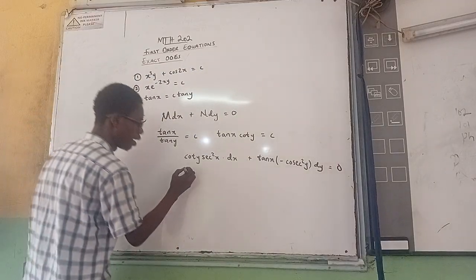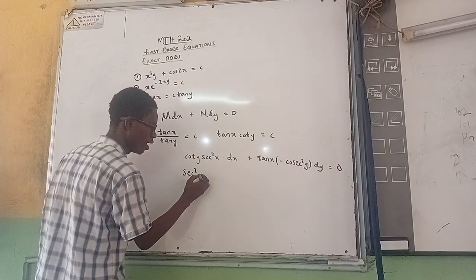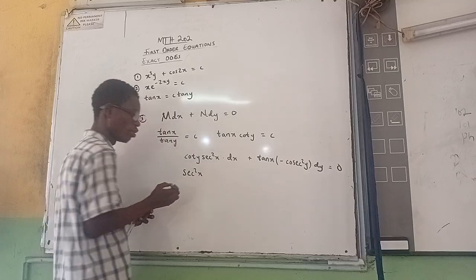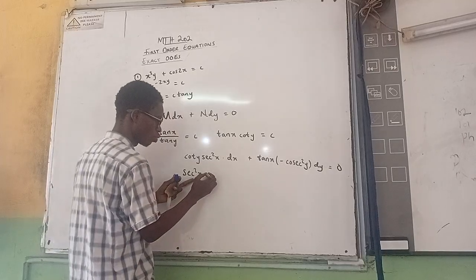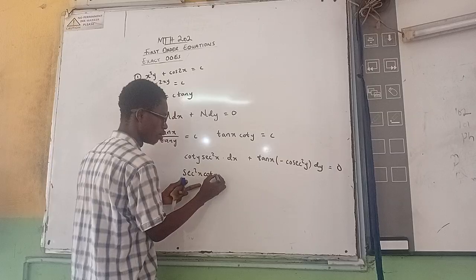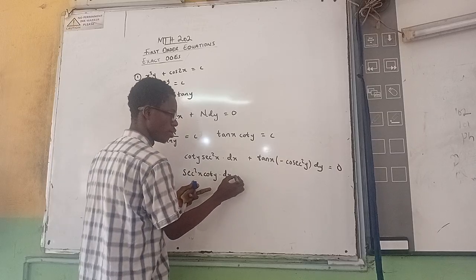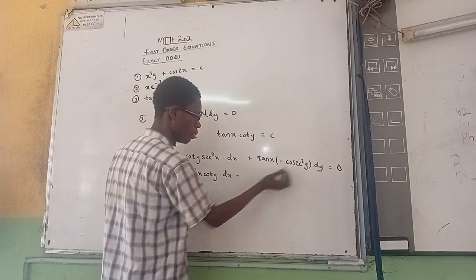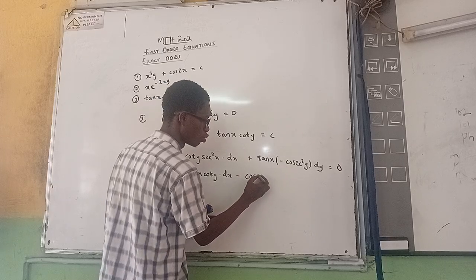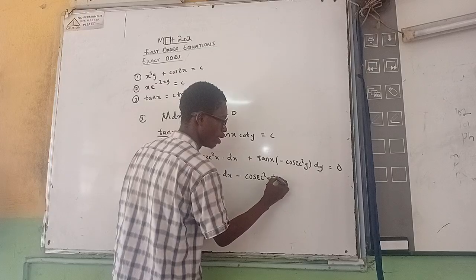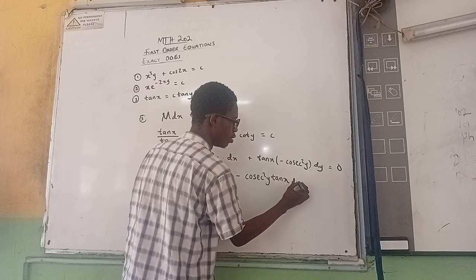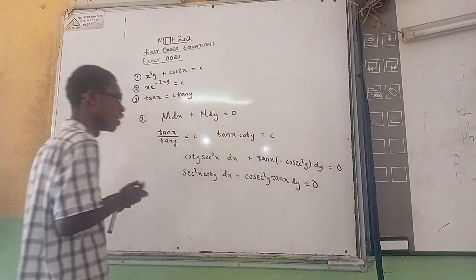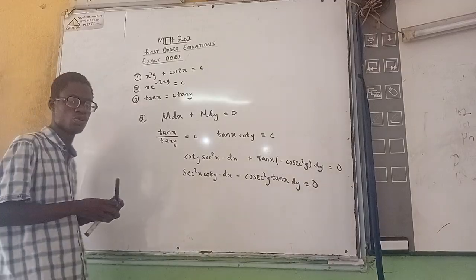So I have sec squared x cot y dx minus cosec squared y tan x dy equals 0. Now this is the ODE we get from the third equation.